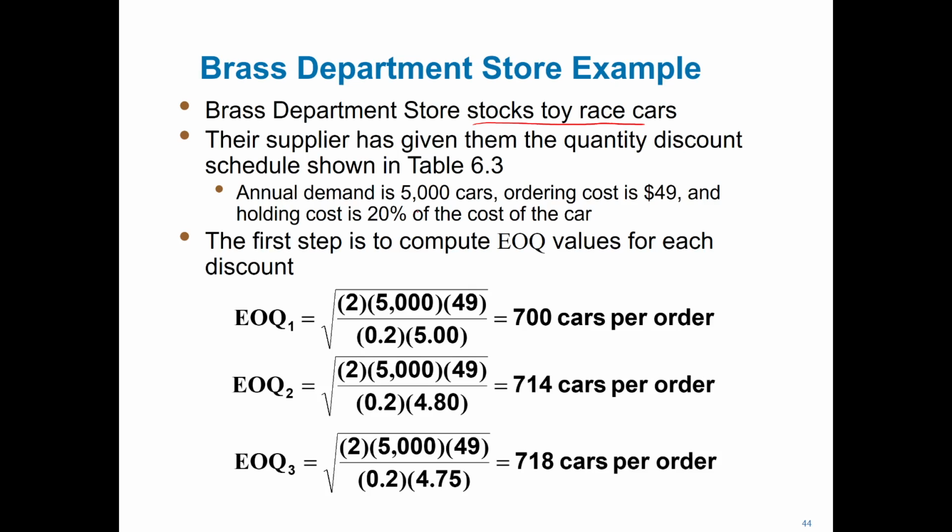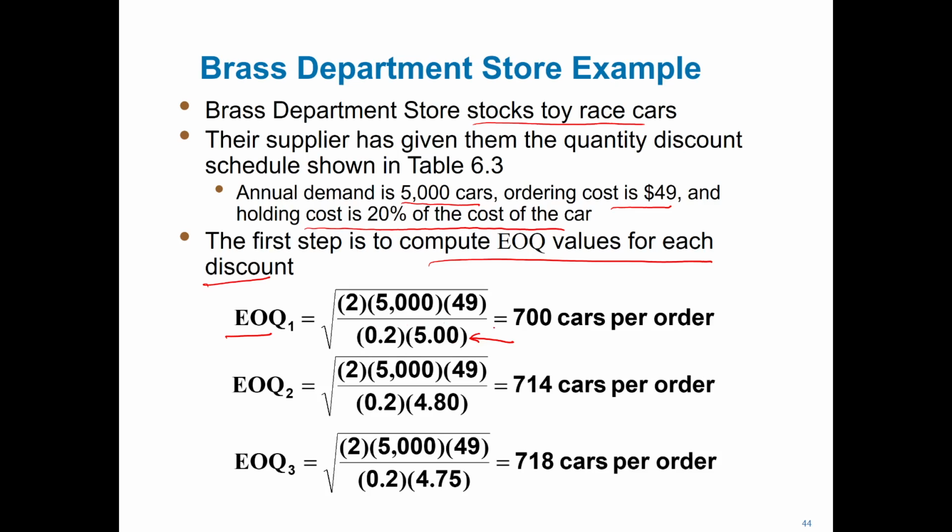Let's say the annual demand is 5000 cars. These are toy cars, the ordering cost is $49 per order, and the holding cost is 20% of the cost of the car. The first step is to compute the EOQ values for each discount. For EOQ1, we use the cost of $5 per piece, and I is 20% of the item cost.